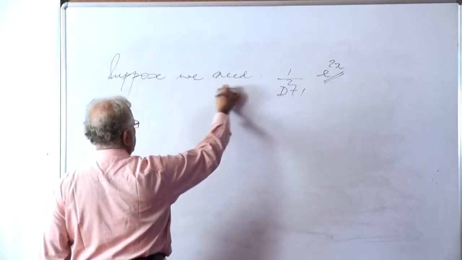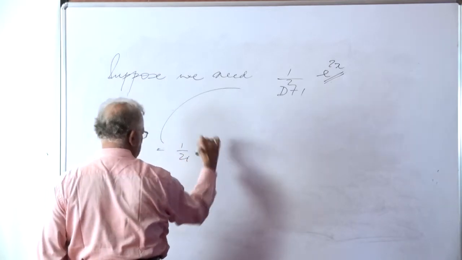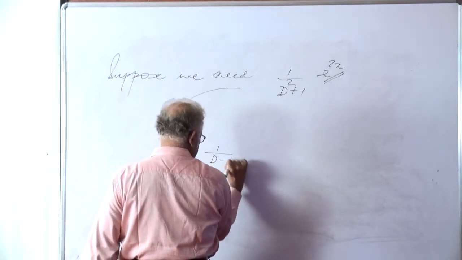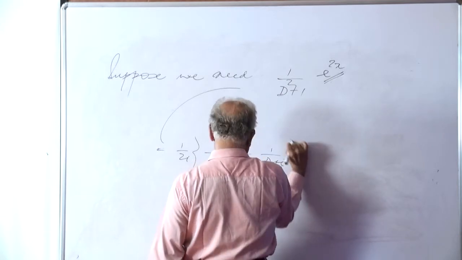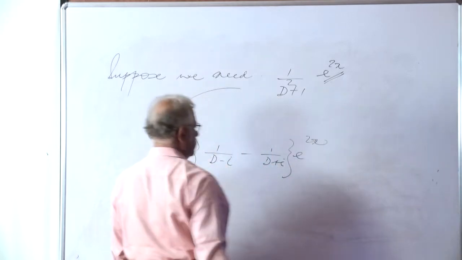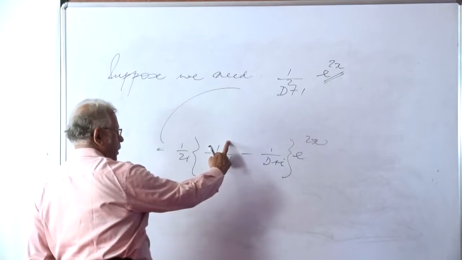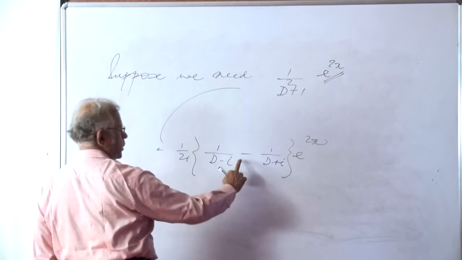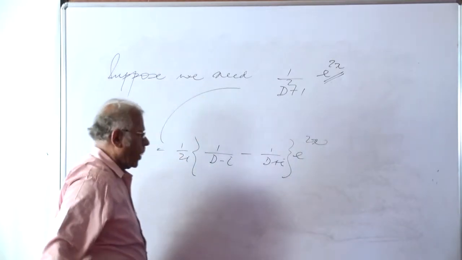We will write this as being equal to 1 over 2i times 1 over D minus i minus 1 over D plus i operating on e to the power of 2x. In other words, this is 1 over 2i, a constant, times 1 over D minus a operating on e to the power of 2x minus 1 over D plus a operating on e to the power of 2x.